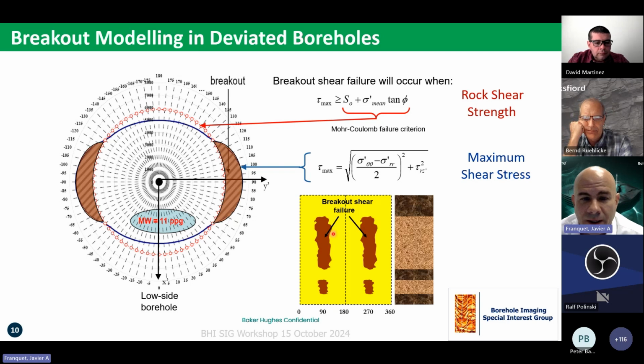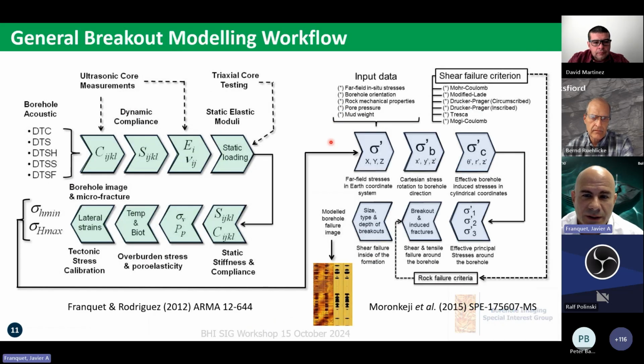So the idea is to reproduce what we model with what we see from the borehole images. And that is difficult because we need to change the model and we need to change our boundary conditions. So this is more detail about the workflow.